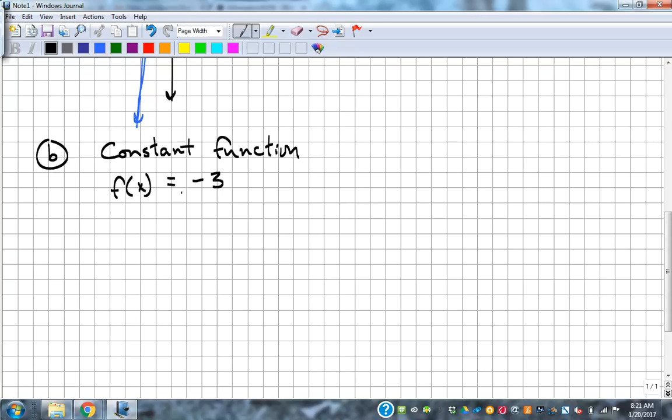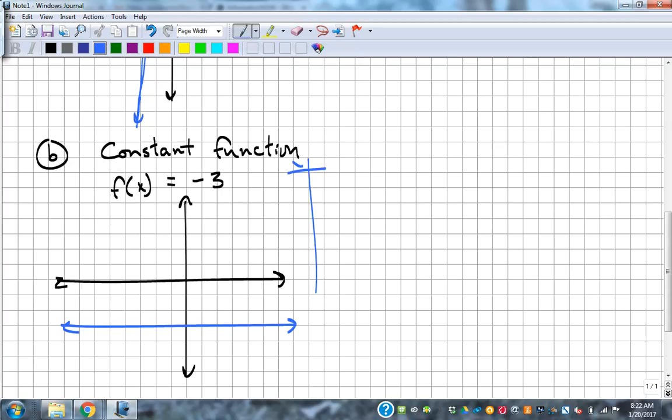Okay. The graph of that, which way? Horizontal straight line, yes. I'd go to -3 and go from there. The table for that is very boring. -3 the whole way down.